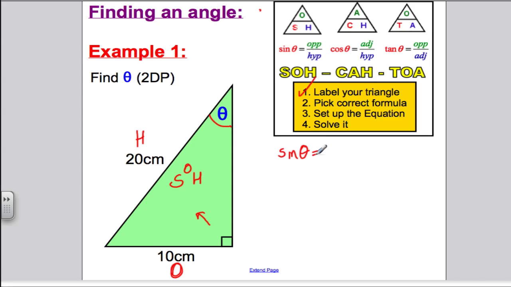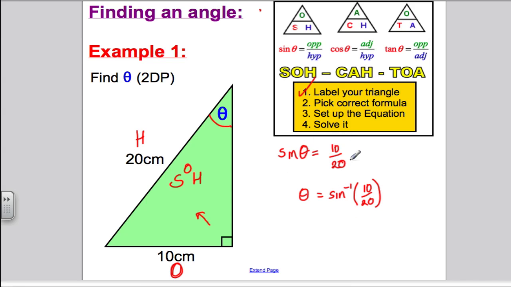Sine of the angle must equal 10 divided by 20. So sine of the angle is 10 over 20. To get the angle out of that, I apply what's called the inverse sine to 10 over 20. The inverse sine gets me the angle out of the sine theta.